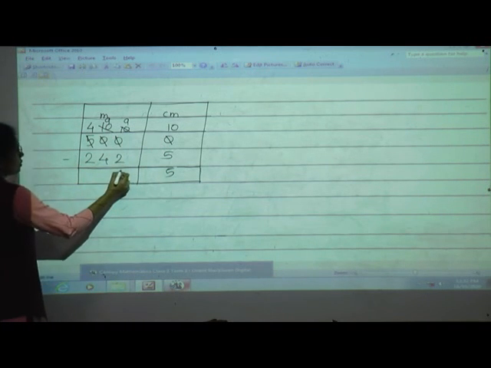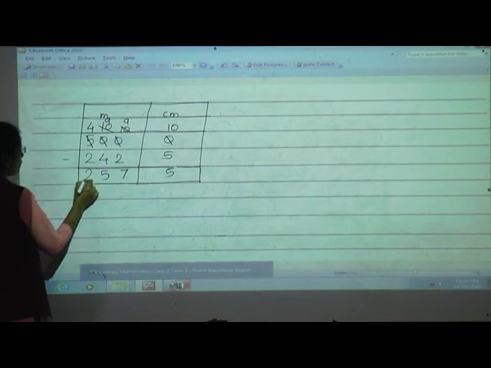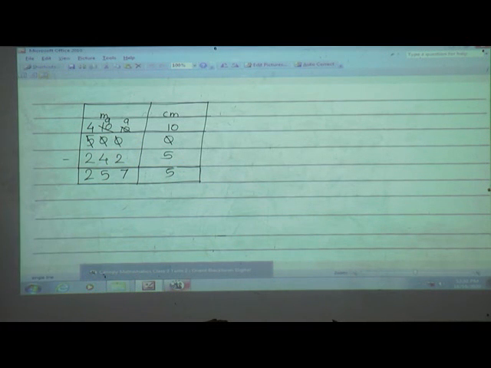Then 9 minus 2, 7. 9 minus 4, 5. And here 4 minus 2, 2. So what is the answer? How much thread is left with him? 257 meter 5 centimeter thread is left with the tailor. Understood how to solve this example?